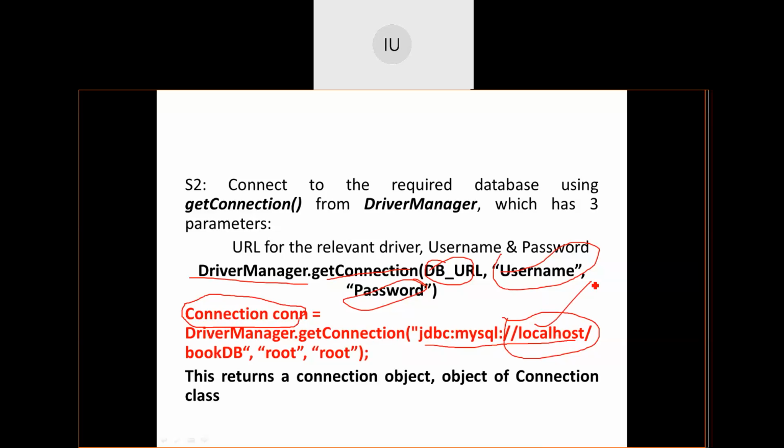Localhost means my current machine; I don't want anything to be extracted from a website. In my local machine, I have my own database driver. In that database driver, I want to get connected to the database that I supply after the slash. So the URL goes jdbc colon mysql colon, afterwards double slash localhost, which specifies the location where the database is available.